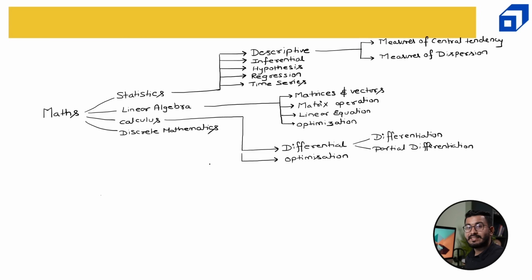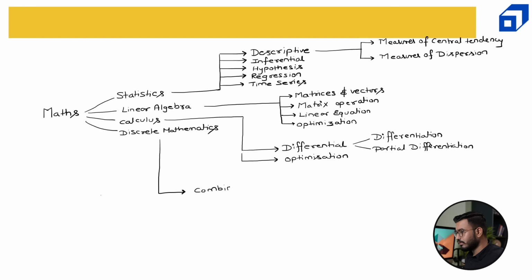Now finally is discrete mathematics. In discrete mathematics, we have the most utilized, or maybe the most important topic when it comes to playing with numbers. If you want to play with numbers, discrete mathematics is something that you need to be clear with and you need to be confident with.